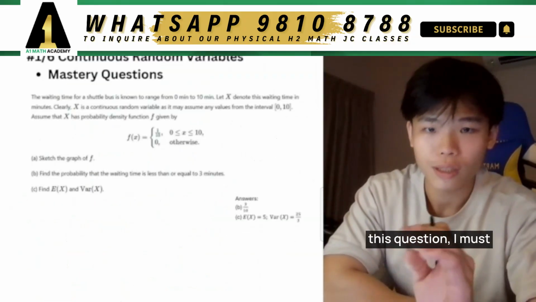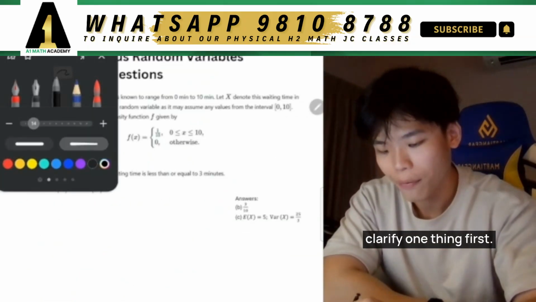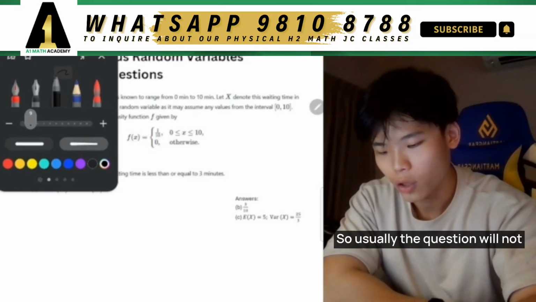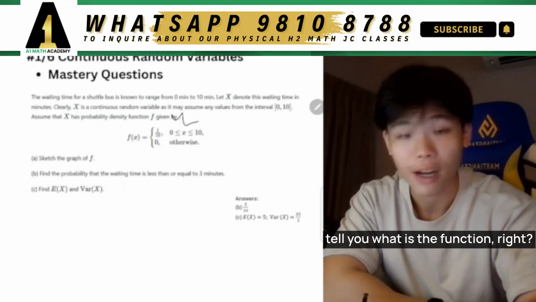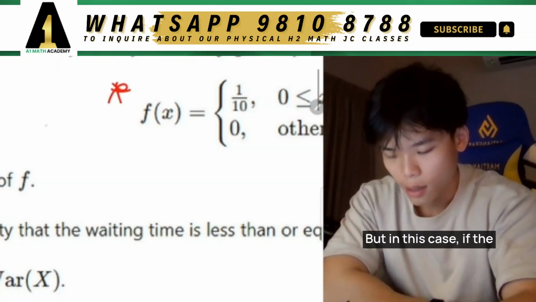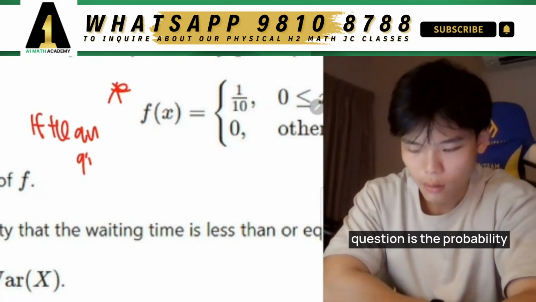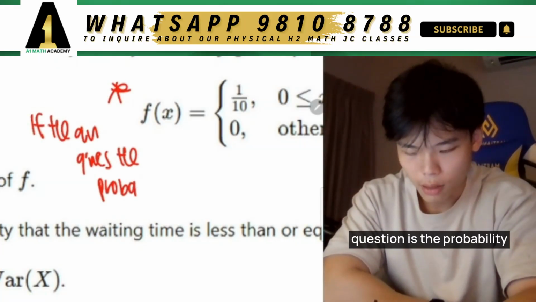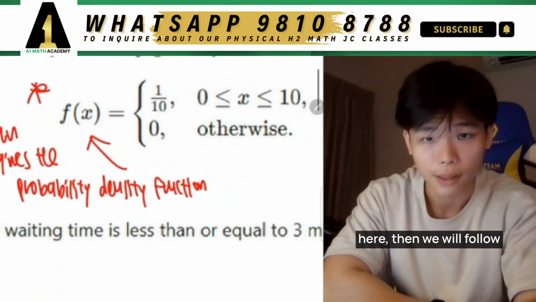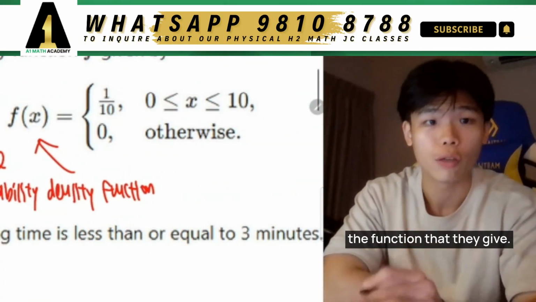Before you start doing this question, I must clarify one thing first. Usually the question will not tell you what the function is. But in this case, if the question gives the probability density function over here, then we will follow the function that they give.